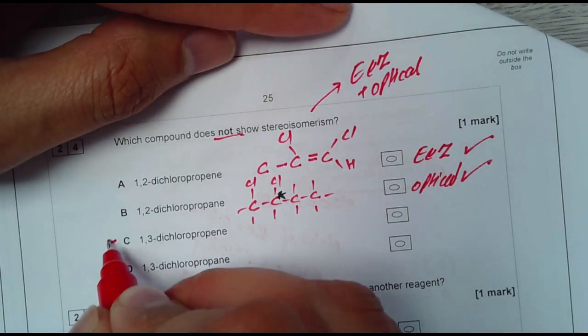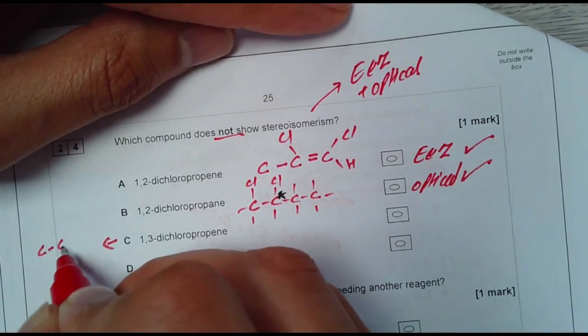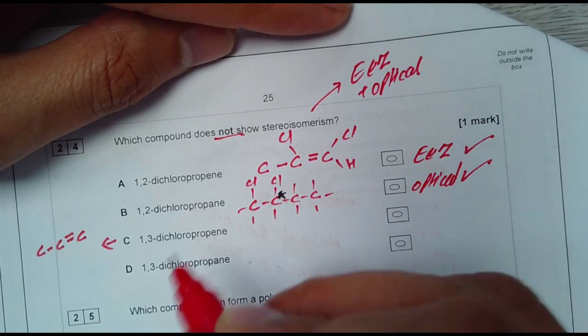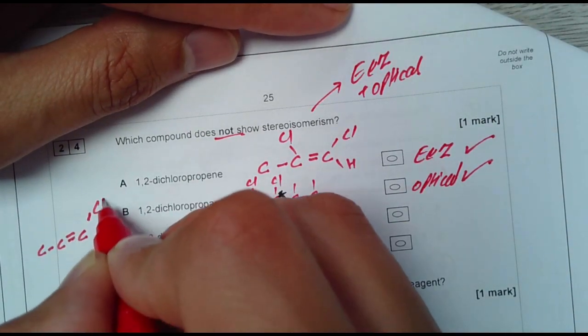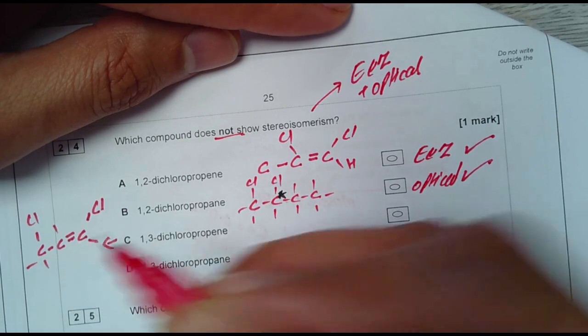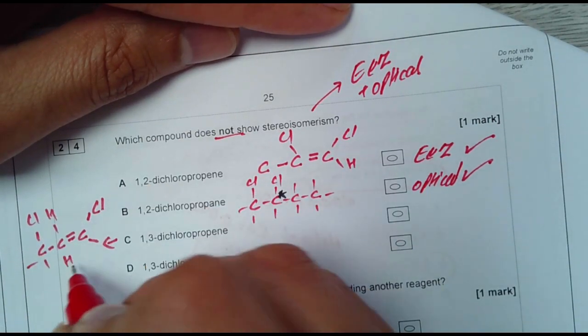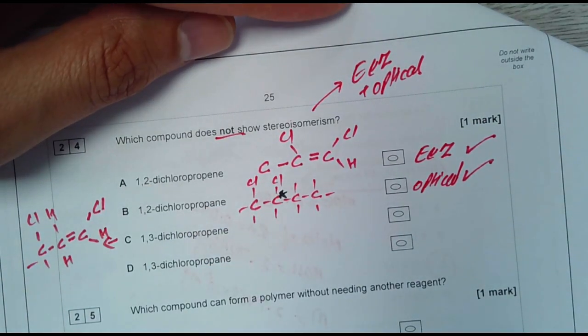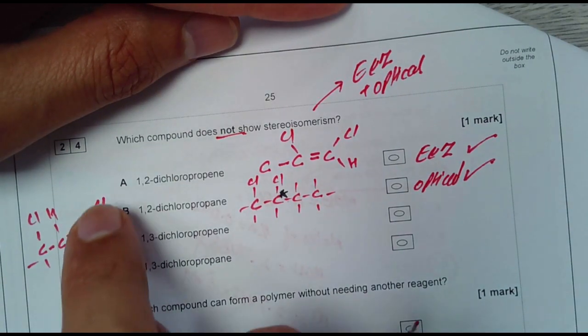For 1,3-dichloropropene, 1, 2, 3. On the first one you have chlorine, the last one you have chlorine, rest are all hydrogens. In this case, I've got chlorine here.